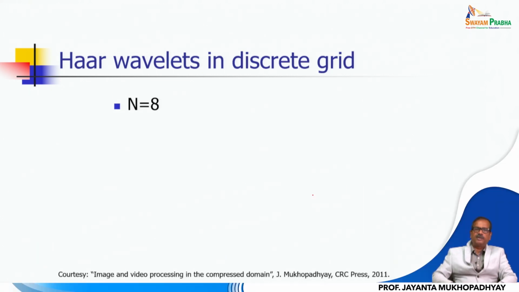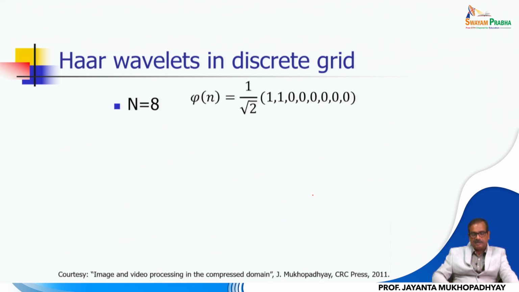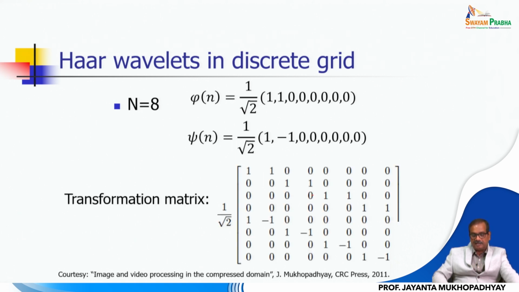So I will just show an example of how, for 8-point data, that means an 8-dimensional vector, the Haar wavelet transform looks like. You see that this is the corresponding approximate scaling function, and this is the approximation function. But for scaling functions, you are dilating it.